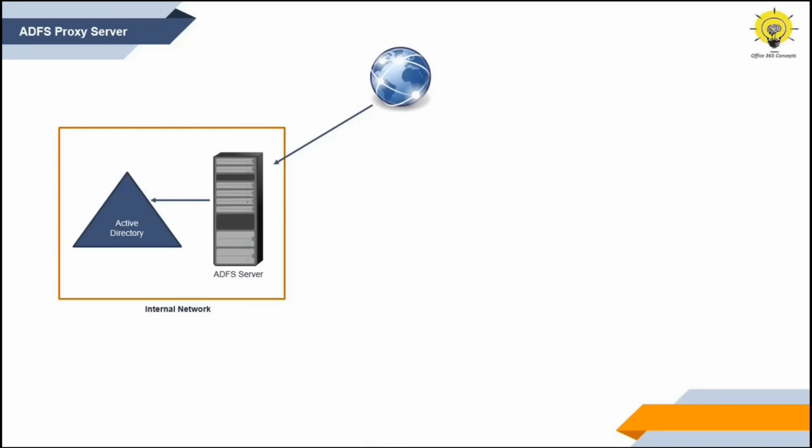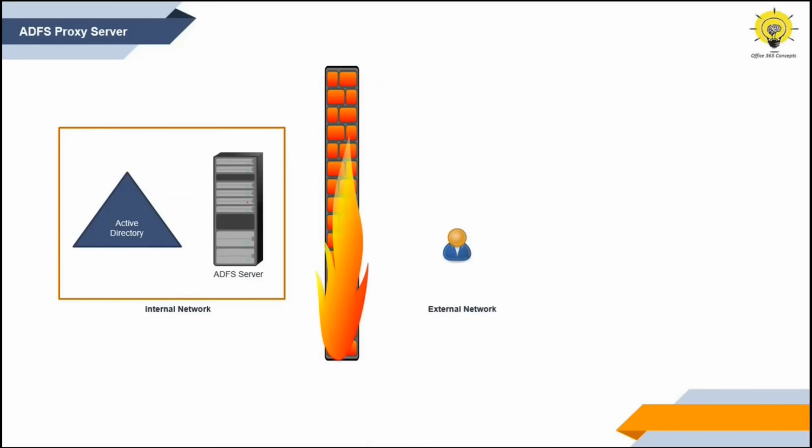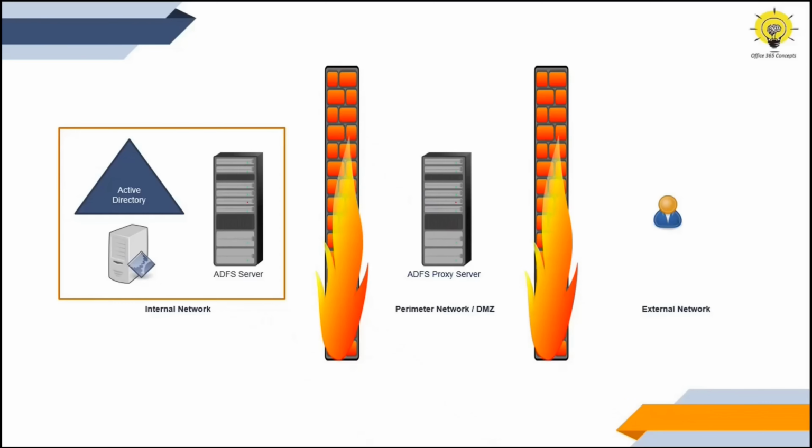But what if an external user wants to access an application that is integrated with ADFS? Or let's say a user from the same organization is trying to access an application from the external network. So how will these requests be handled by the ADFS server? And the answer is ADFS proxy server.